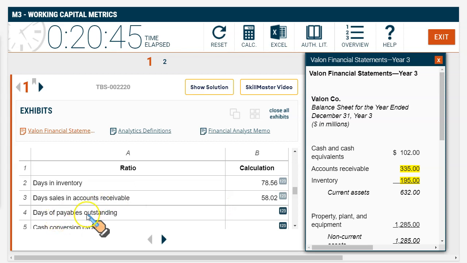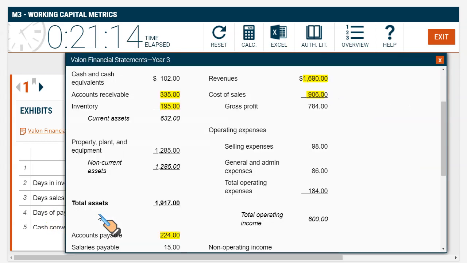Next, we need days of payable outstanding, or the average payment period. Okay, from the information that you have jotted down, here is your accounts payable and here is your CGS. As per the assumptions given in scenario 2, your accounts payable is going to go up by 6%, and your cost of goods sold is going to go up by 5%.